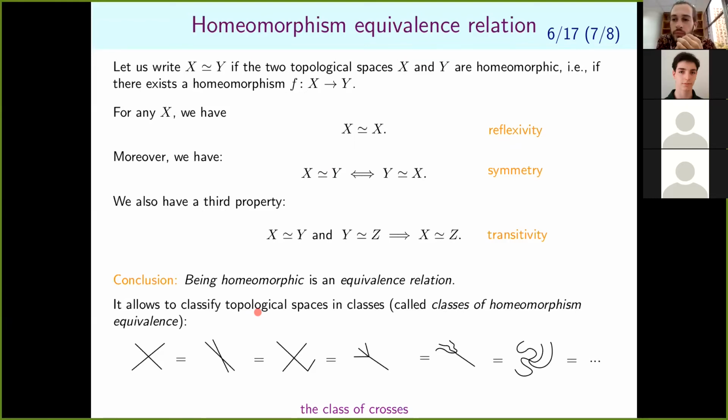Yeah, for instance, if I would consider a space that has three branches, like my arm and two bottles, you have three branches. You can show that this is not homeomorphic to a cross like that.